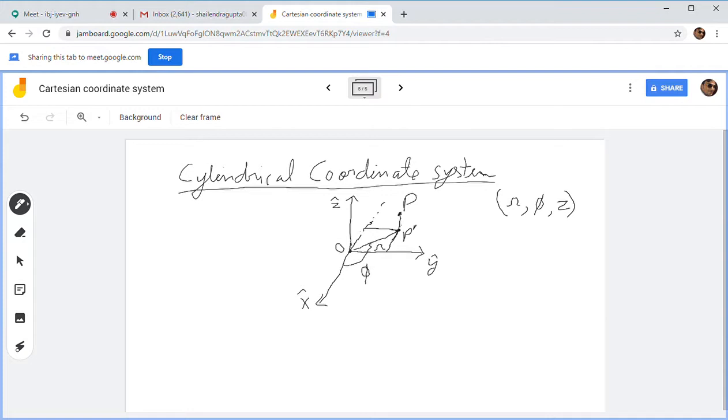It will be more clear if you convert your x, y, z to these R, phi, z cylindrical coordinates. So this point P can be defined by x, y, and z, and at the same time it can also be defined by R, phi, and z.